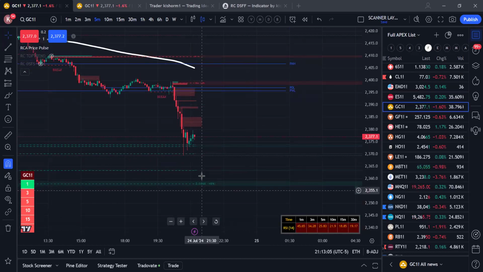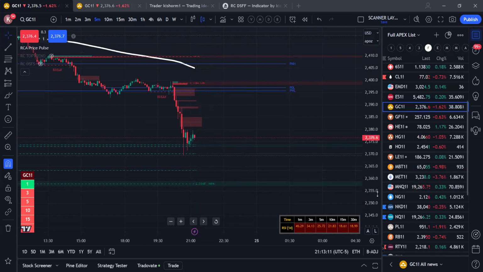So here we have a major buy order block. If gold comes to around 2360, that is the best time to go long.